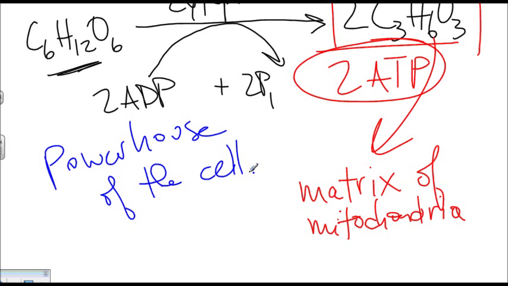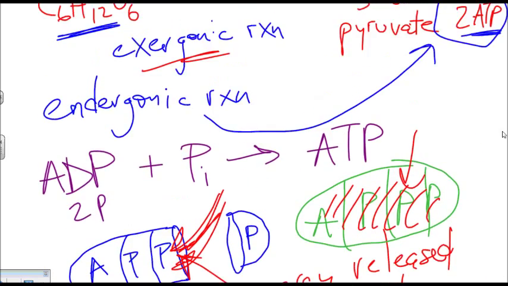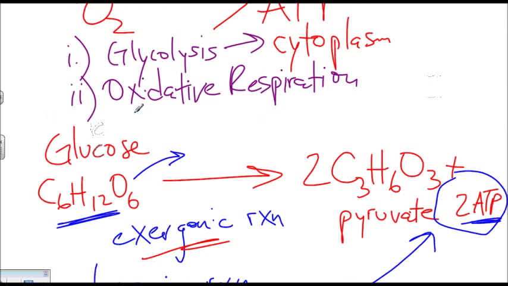In conjunction with oxygen, this will allow us to create the greatest amount of ATP. That's the next step we were talking about earlier, which we refer to as oxidative cellular respiration, which we're going to talk about next.